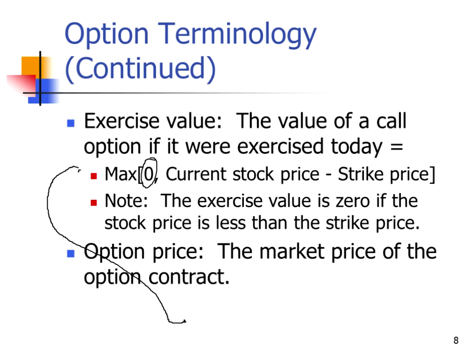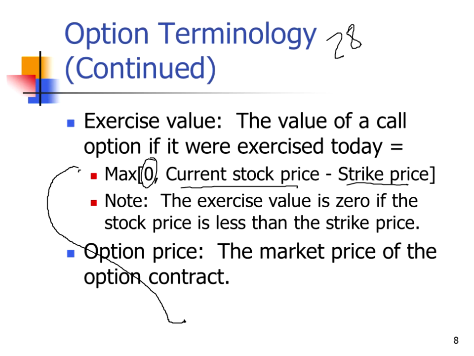In case of buying, let's say this is a buy position. If it's not in your favor and you don't exercise it, then the value of that option is 0. It'll expire and you will not gain anything, right? On the other hand, the other possibility would be the case where the current stock price is greater than the strike price.